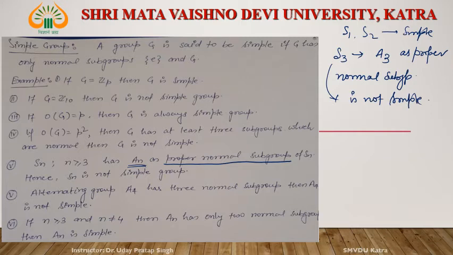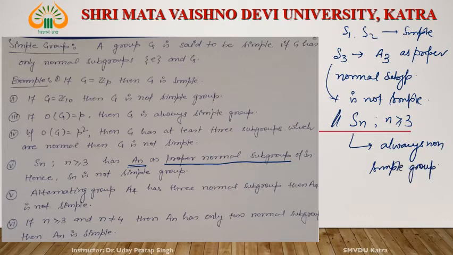Okay, similarly Sn for n greater than or equal to 3 is always a non-simple group. Okay, what about the alternating group? In the alternating group, A4 is not simple.